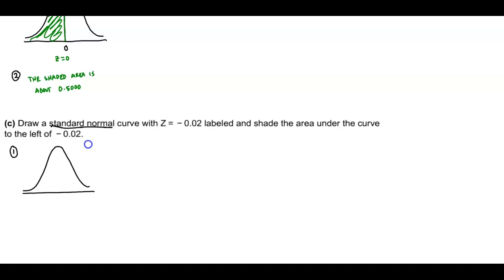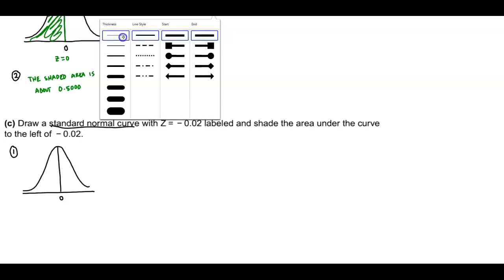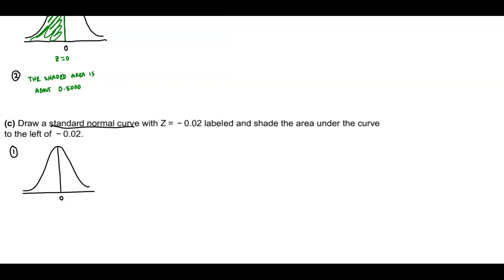And again, since it's the standard normal curve, we know that this represents 0. And then we know that the z-score is to the left of that at negative 0.02. And we want to find the area that's shaded to the left.